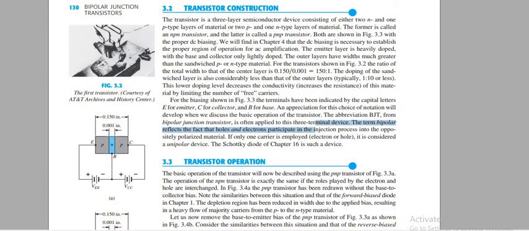Just to recall your memory, we also discussed how forward biasing and reverse biasing work, and how they exhibit their behavior while we are providing some potential difference to the PN junctions.